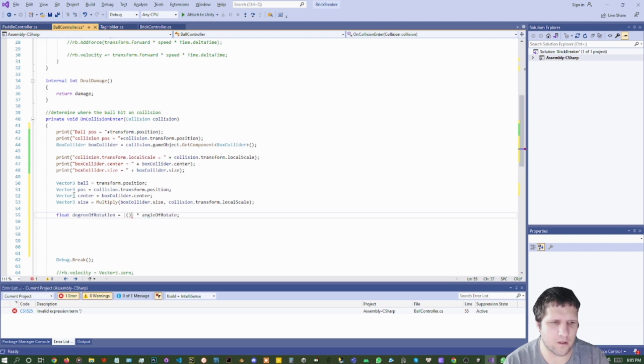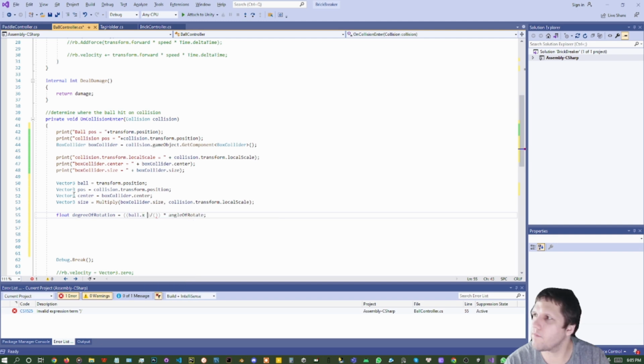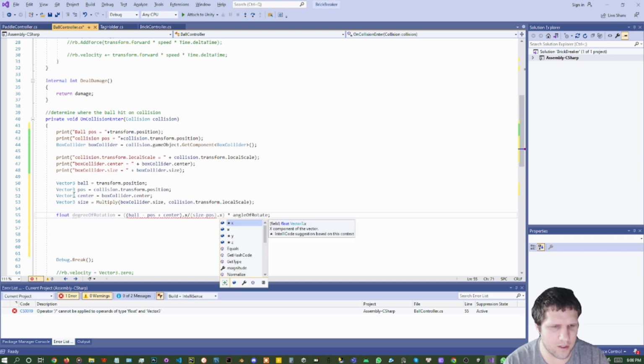So the first thing is going to be, and then divided by, so the left side is the ball dot x minus the, so ball minus position plus center dot x, divided by the size minus position dot x.